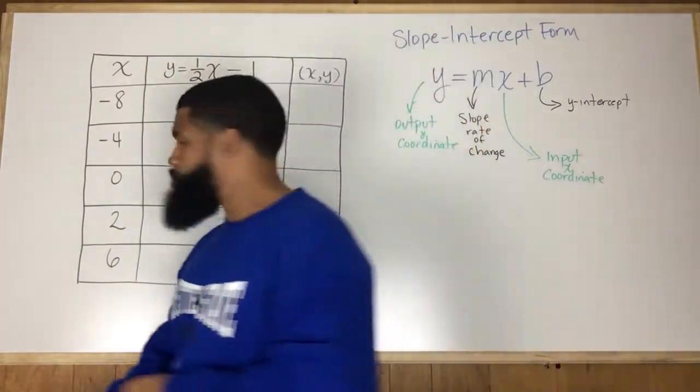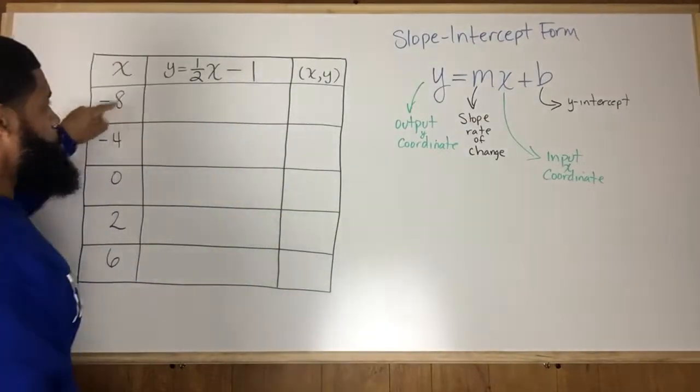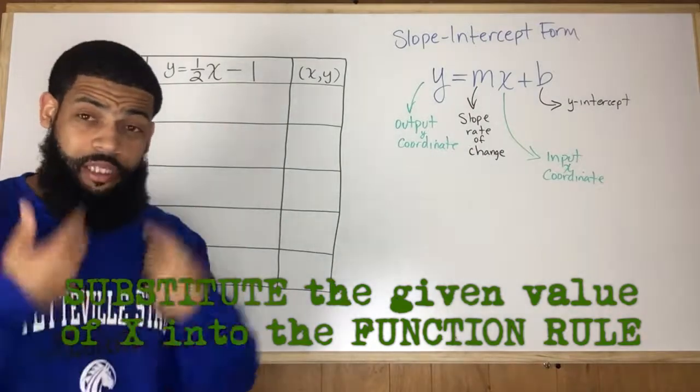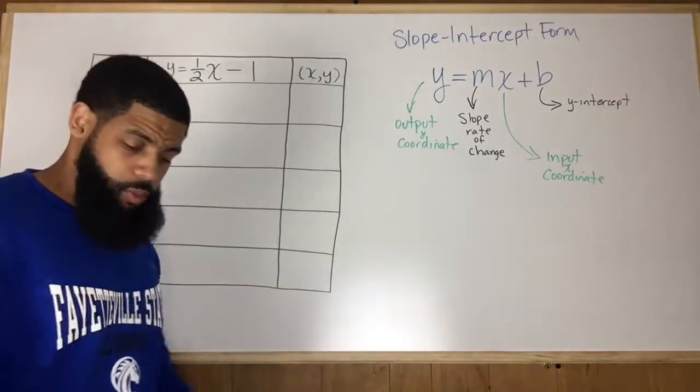All right. Now, let's go ahead and plug these in. So what we're going to do is we're going to take our input values, we're going to plug them into the function rule, and we're going to extract the output values, which is going to give us an ordered pair.